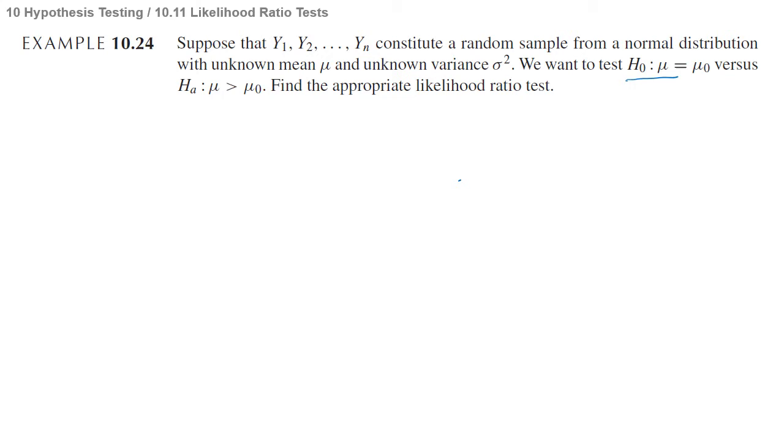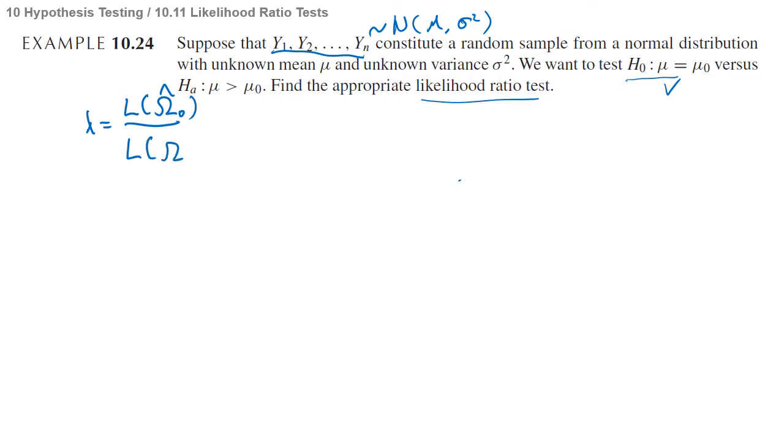So y1 to yn follow a normal distribution with mean mu and variance sigma squared. Using the likelihood ratio test, lambda is the likelihood of omega 0 hat over the likelihood of omega hat.